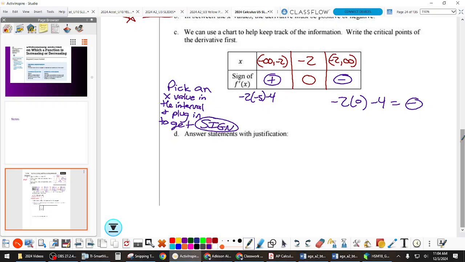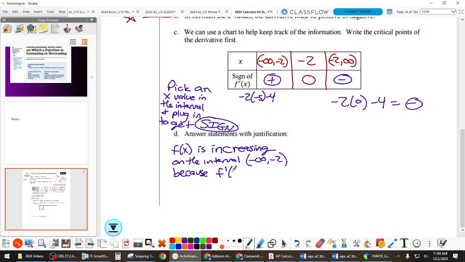So we'll say it this way: f, the original function, is increasing on the interval negative infinity to negative 2 because f prime of x is greater than 0.